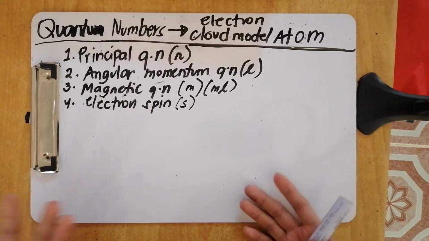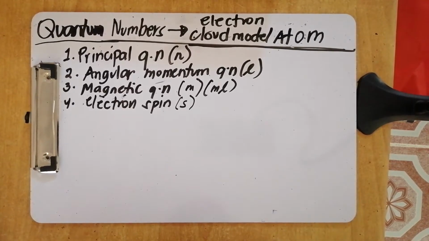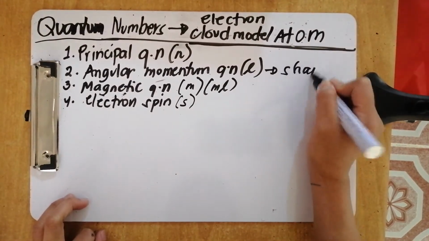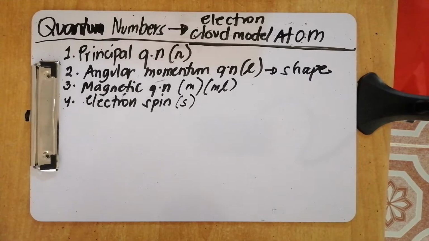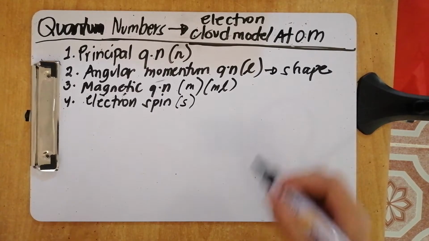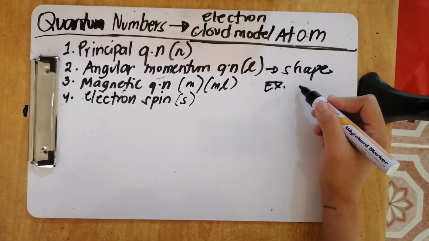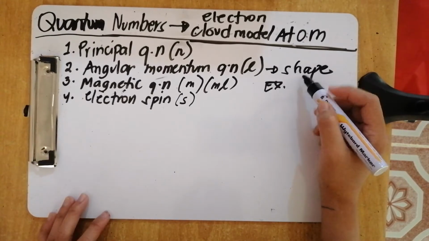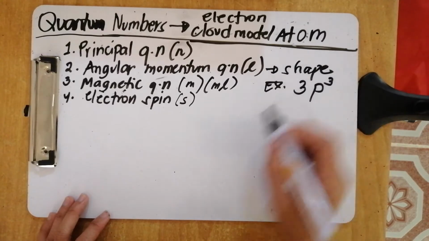Now, how does an electron cloud model of an atom really look like? So going back to angular momentum, we have said that this is actually the shape of the orbitals. What are the subshells that are present? So let's say, for example, we have this specific information about one electron, and that is 3p3.